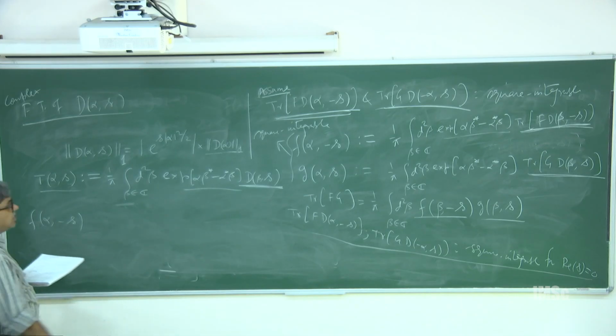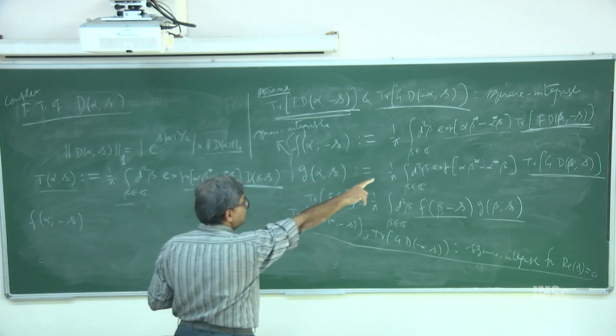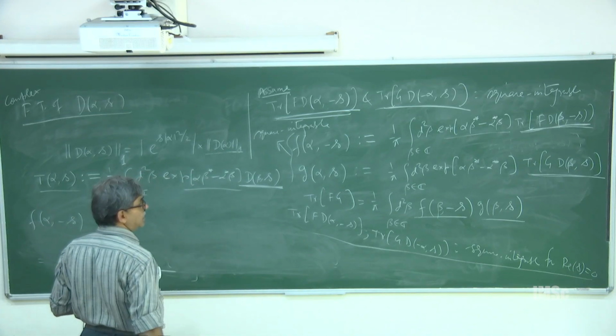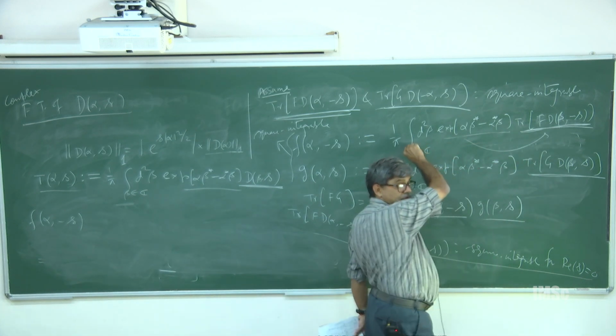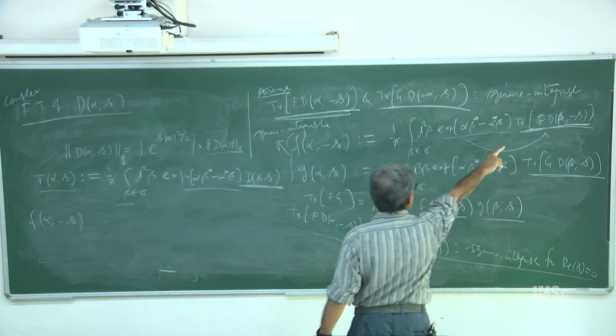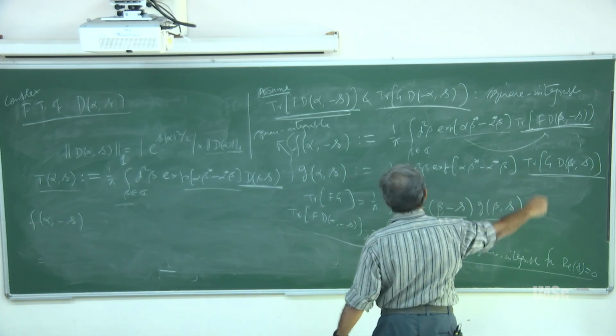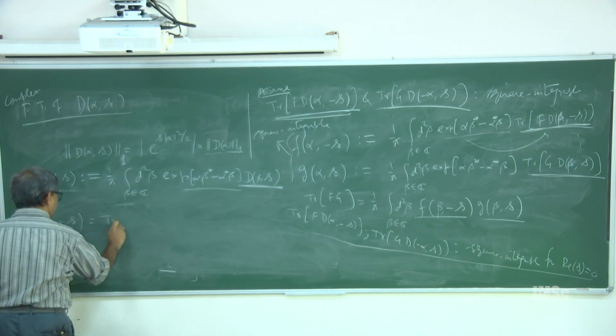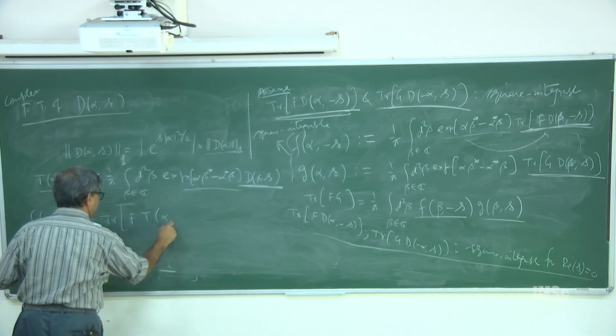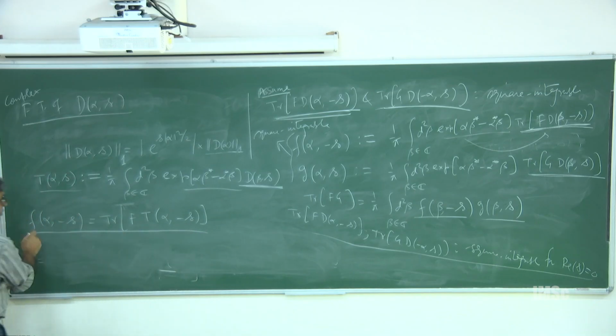Now if you replace this weight, this d of beta minus s, you do not have to replace, you take it inside this integral, that I can do. So this will be basically the complex Fourier transform of d of beta minus s, and so this will be your trace of f t of alpha minus s. Do you agree with me? This is your definition, complex Fourier transform, you just put that here and this is what you will get. So simple.